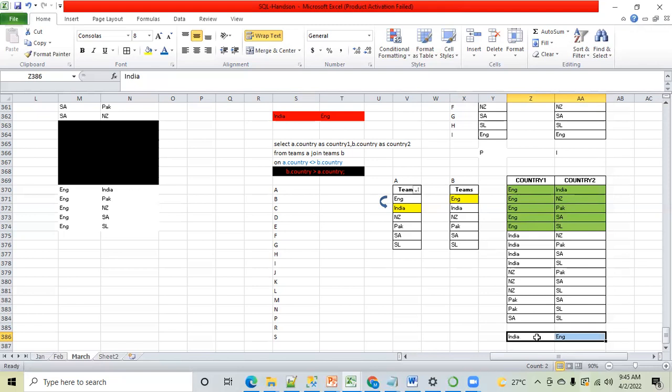So if we are getting this output, you can raise a question that why again you are scheduling a match with India and England? Because whether we say England is playing with India or India is playing with England, they both are one and the same. So you don't want this output, India and England. So far, so good. Is it clear?